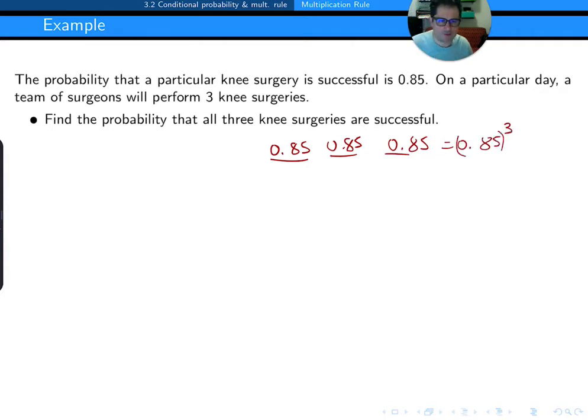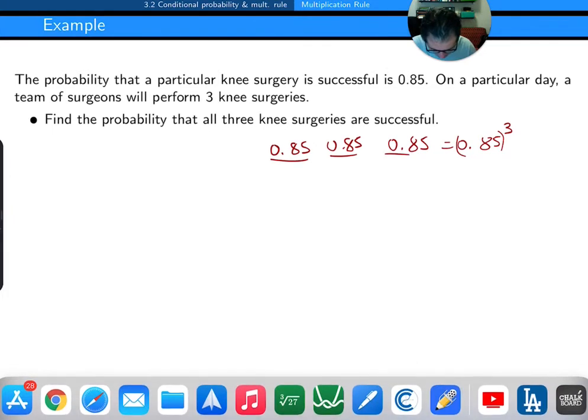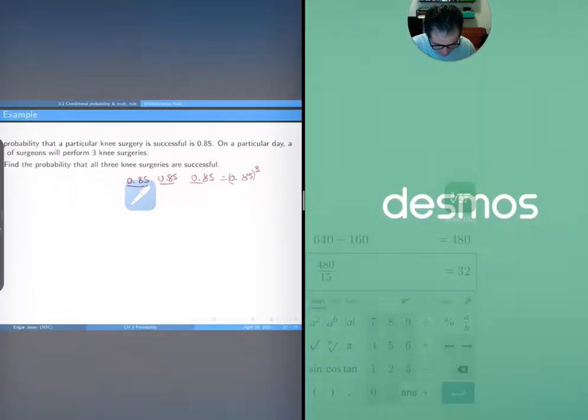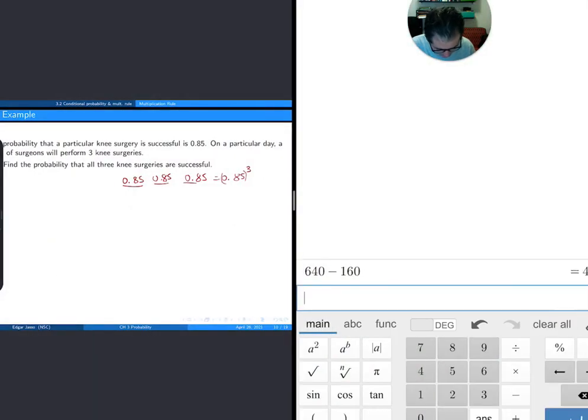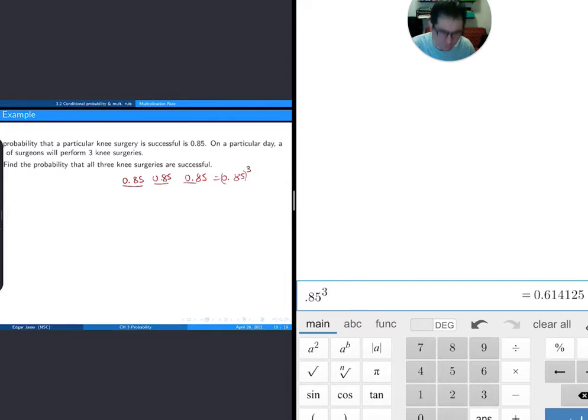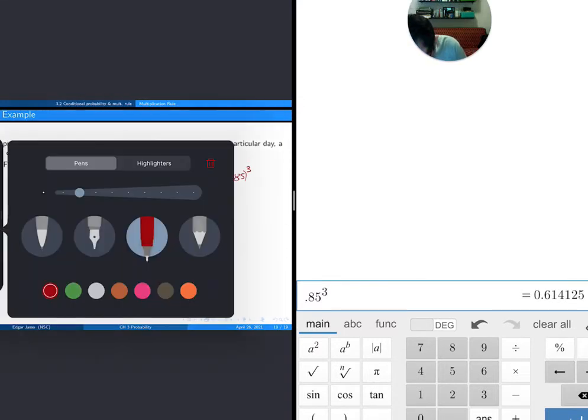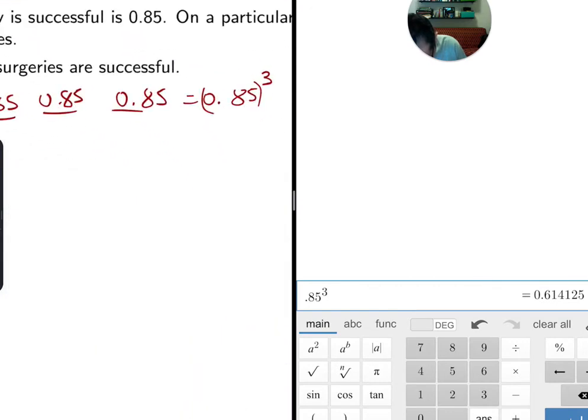Of course, you type that in a calculator and you get a nice approximation. So let me bring my decimals calculator here. I'm going to go 0.85 to the power of 3. So it's 0.6141.